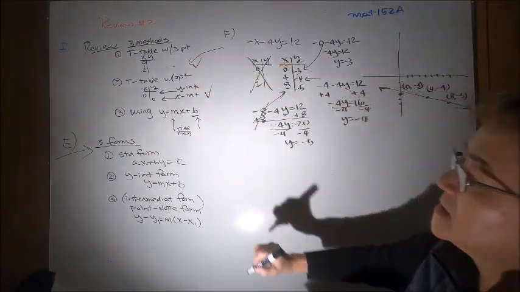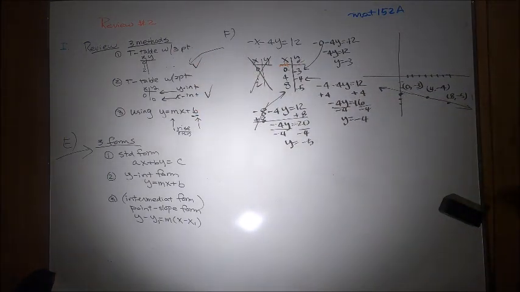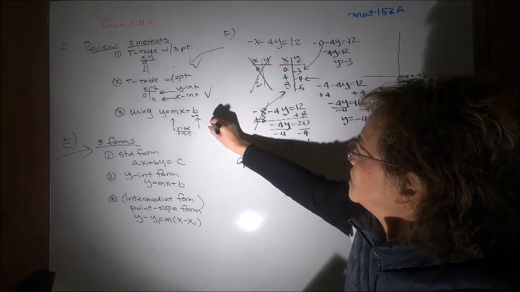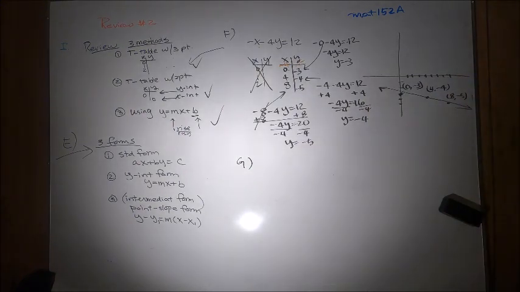Then we practiced what? 2 points earlier, right? So next one, we want you to practice using slope-intercept form to graph a line, right? So let's see.